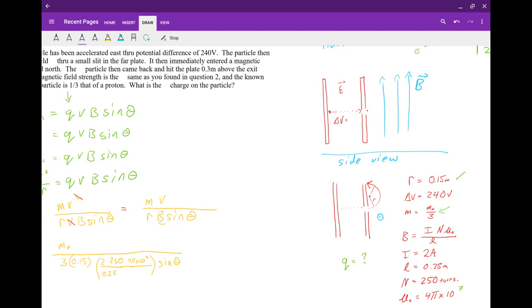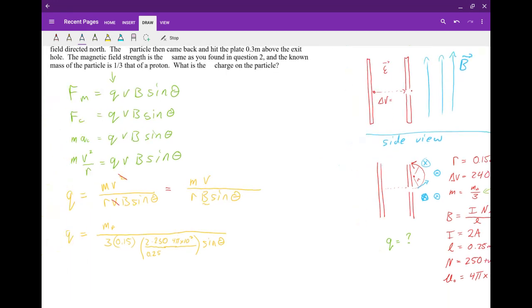Remember, our magnetic field is kind of going north, which in the side view would be field lines like that. And if you look at it, what's the angle between this velocity vector and a vector that goes into the page? It's 90 degrees. So imagine into the page and east, 90 degrees. Into the page and north, 90 degrees. Into the page, and the angle between into the page and northeast is also 90 degrees. And so we're looking at a 90 degree angle always. So I'm going to go ahead and throw 90 degrees in there.